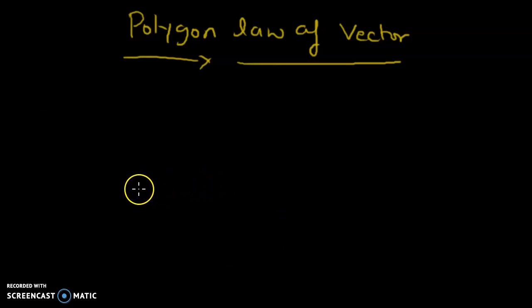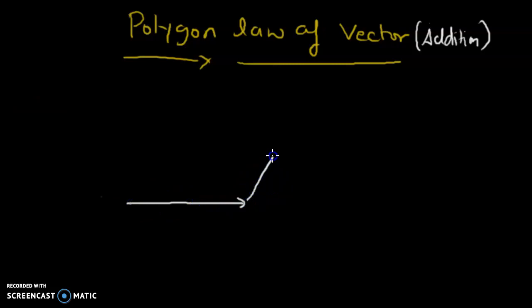If there are several vectors and you need to add them, say there is one vector, then another vector, then another, and another, you just need to join them from head to tail, head to tail, head to tail.